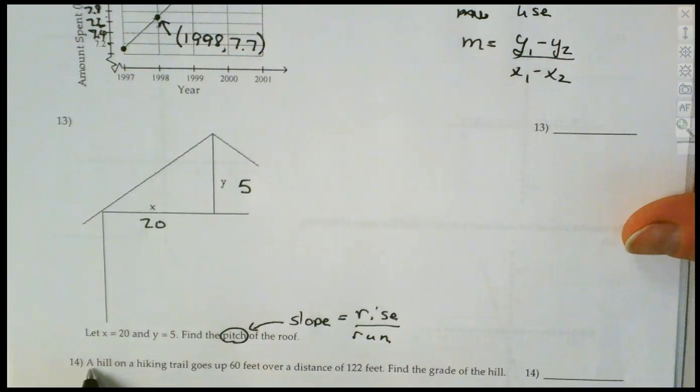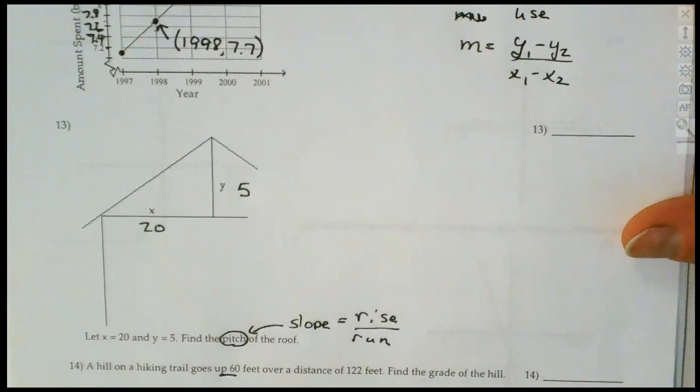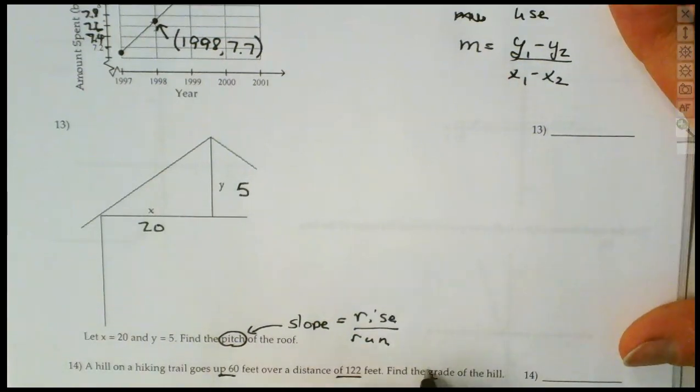Same thing for number 14. On a hiking hill, the trail goes up 60 feet over a distance of 122 feet. We want to find the grade. What's the grade again? Grade again is the slope. What's the slope? Rise over the run.